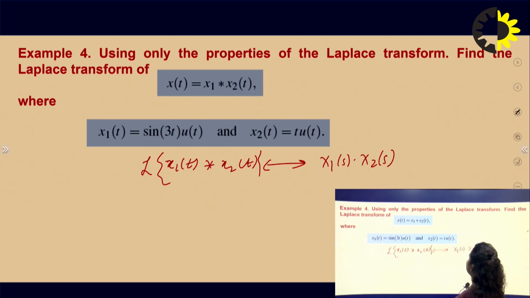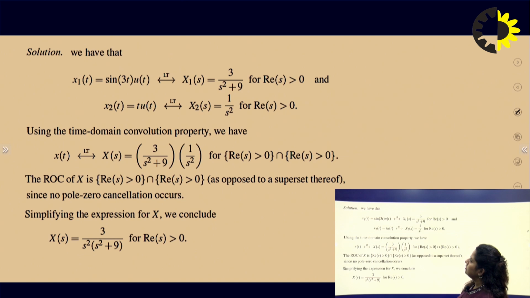So firstly we find individually X1(s) and X2(s), then we multiply, and then we take the inverse Laplace transform to find out the value of y(t), which is x1(t) convolution x2(t). How to solve this?